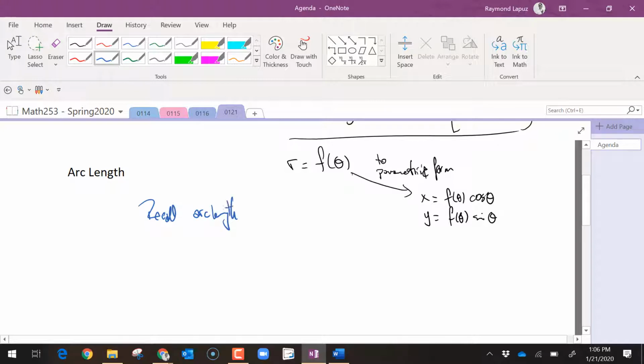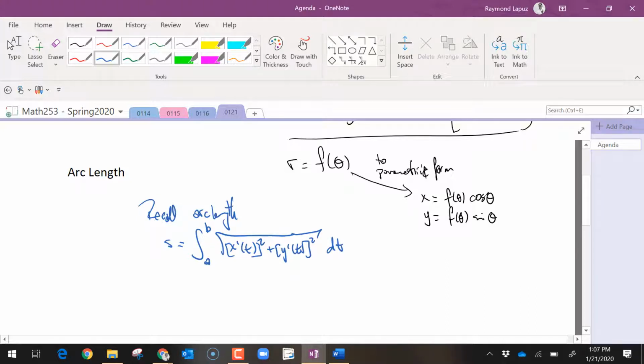The arc length formula is the integral from some t values going from a to b of the square root of x prime of t squared plus y prime of t squared dt.